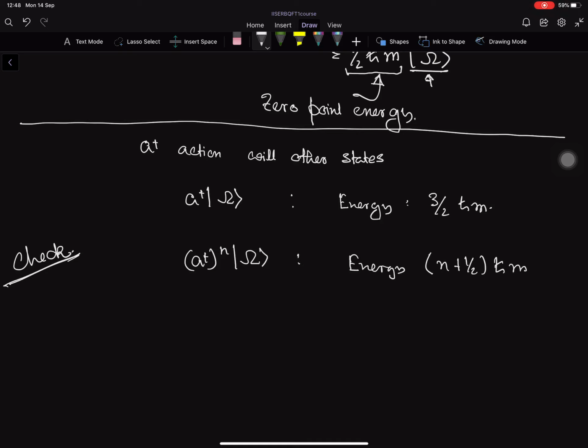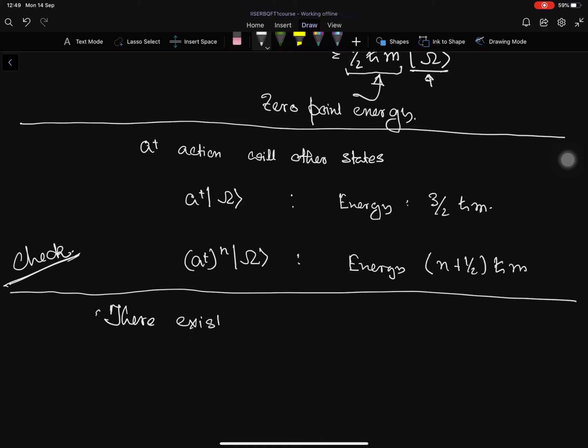So since in the harmonic oscillator the states are integer spaced, it is useful to denote the states. So firstly note that there exists an operator N, which is A dagger A, such that the commutator of H with N is 0, which means that N is a conserved quantity.